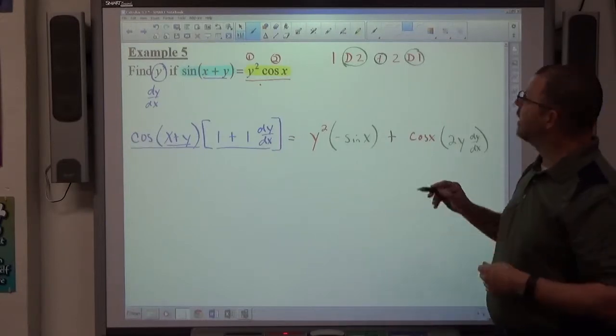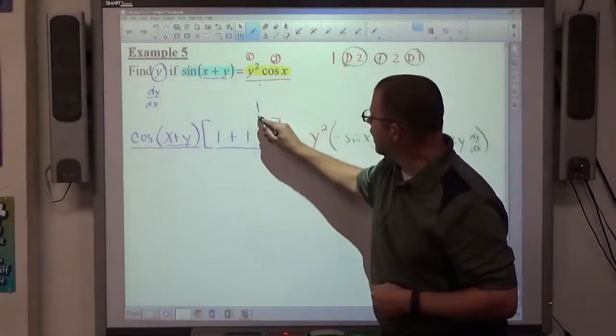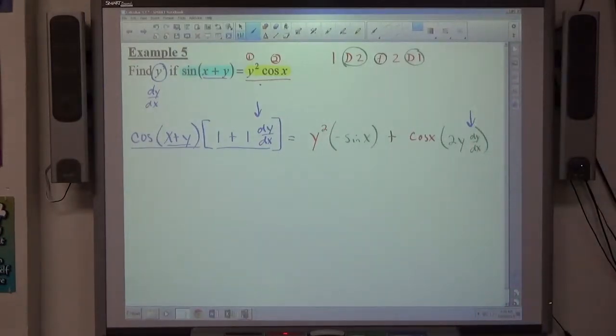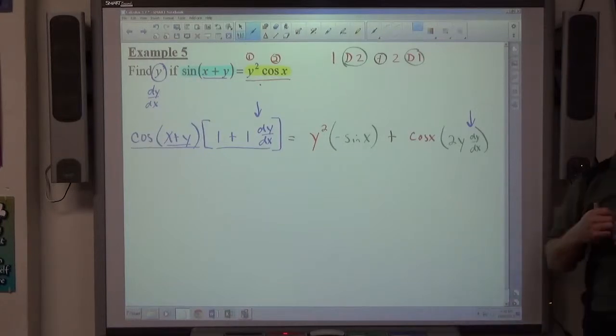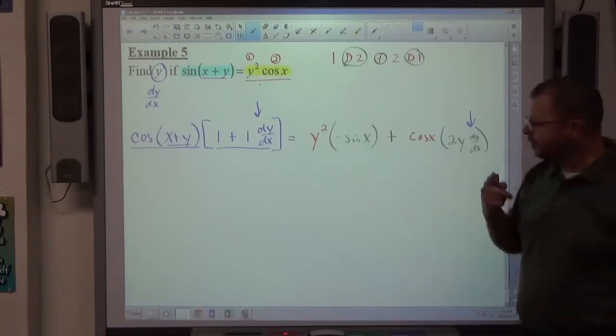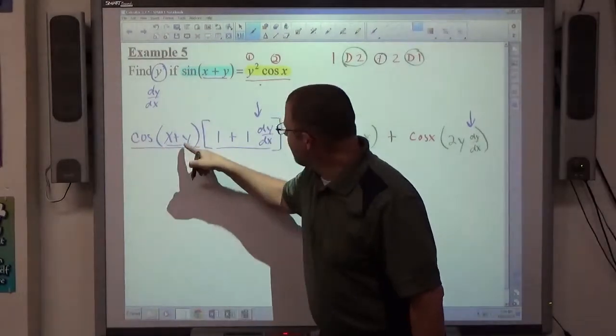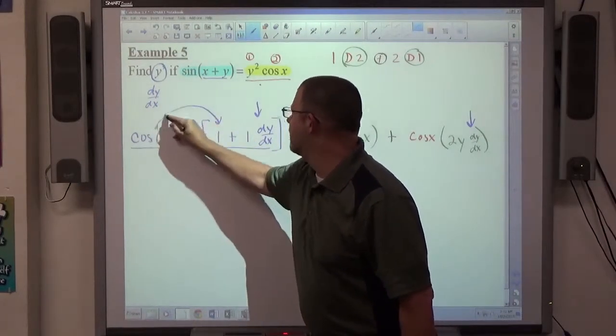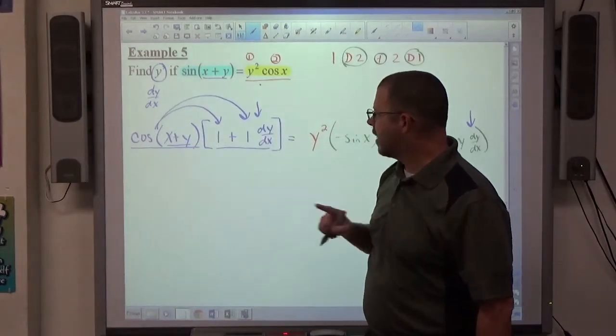We want to get dy dx equals, so notice I've got a dy dx here and here, and I want to get that thing equals everything else. So at this point it's just a matter of simplify the equation, isolate everything that contains dy dx, solve for it that way. So what I have here is cosine of x plus y times this binomial. This multiplies by this and by that to get rid of the brackets.